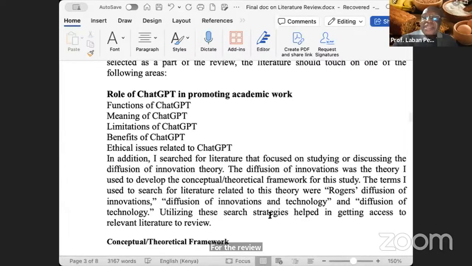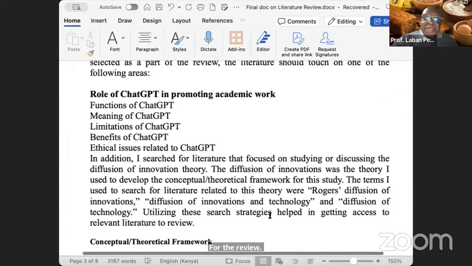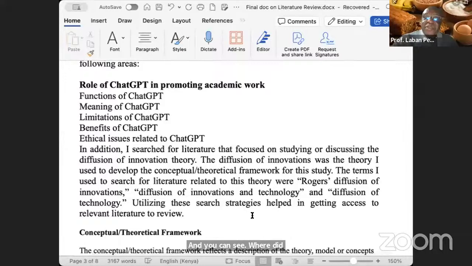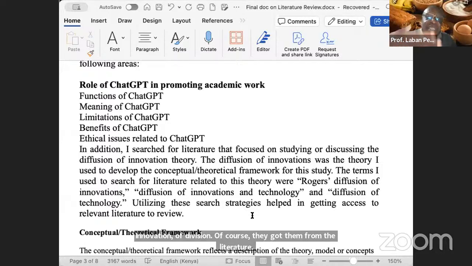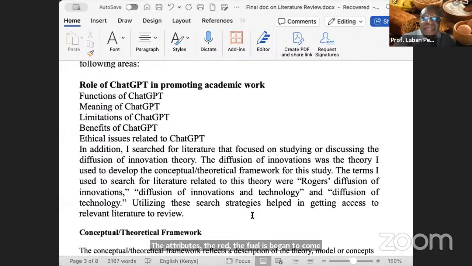And you can see, where did this person get this innovation theory of diffusion? Of course, they got them from the literature. The articles they read, the theories began to come up. The diffusion of innovations was the theory I used to develop the conceptual theoretical framework. It didn't pluck it from somewhere.